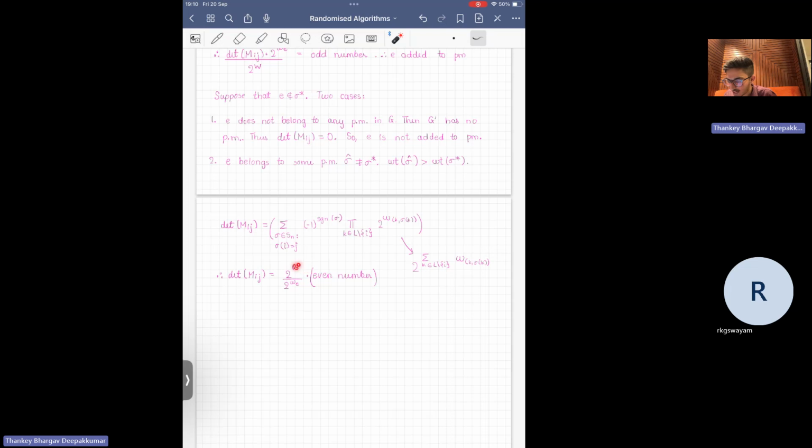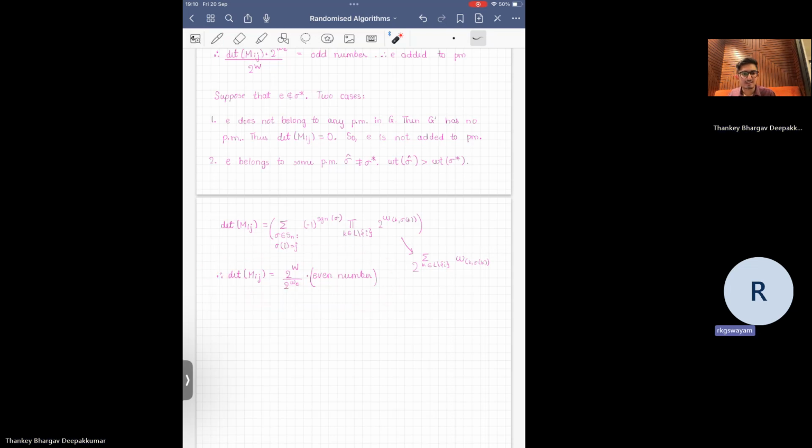So 2 to the W times 2 times some number, so it's 2 to the W times some even number, right? That was 2 to the WE times the determinant of Mij. So all I have to do is bring this from here to here in the denominator, and I get this equation.